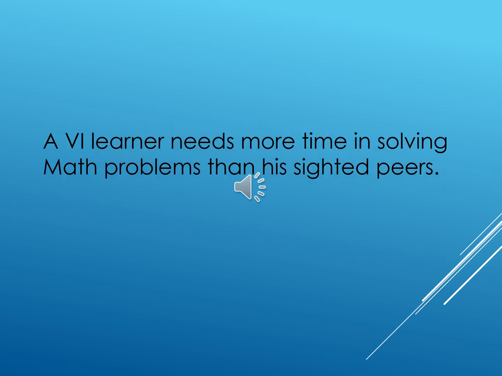Another major consideration that teachers should note is that our students who are blind and visually impaired really need more time, no, in solving or performing different math tasks, primarily because they're using a writing system that would take them more time to write a symbol than a sighted student who's just going to scribble or use a few strokes, no?